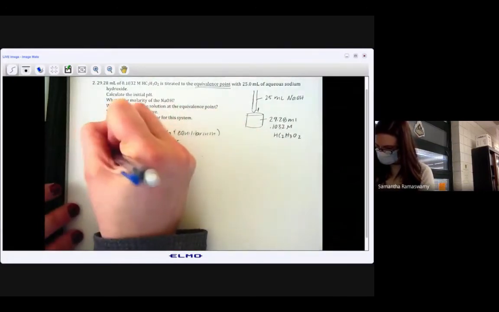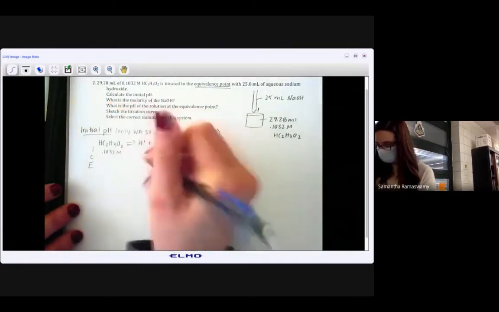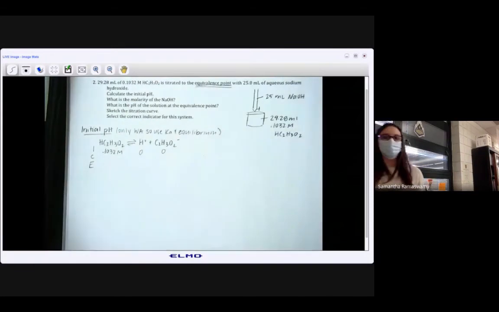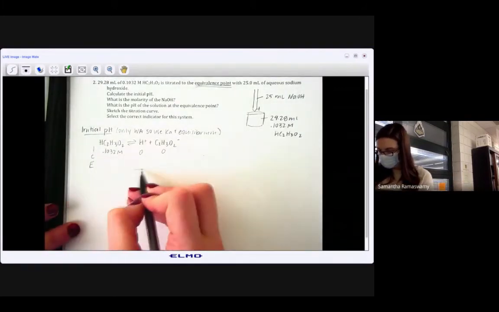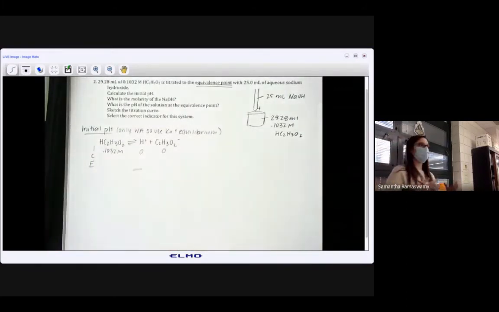We have 0.1032 molar acid, 0 H plus, 0 acetate. All we had was the weak acid initially. That's all it gave us, but it tells us that we need to calculate pH. So that means I need to find H plus at equilibrium. That's my goal. Because if I know H plus at equilibrium, I can find pH.